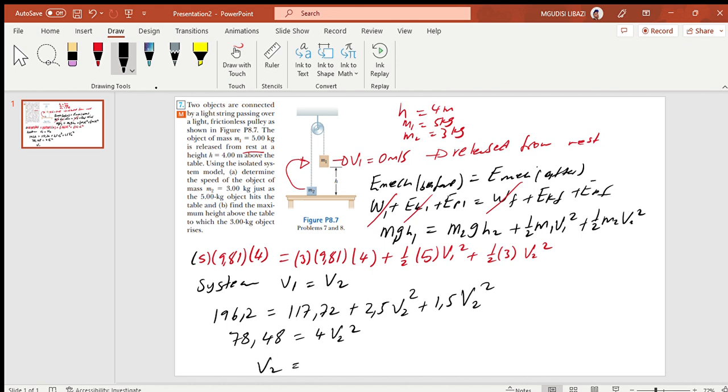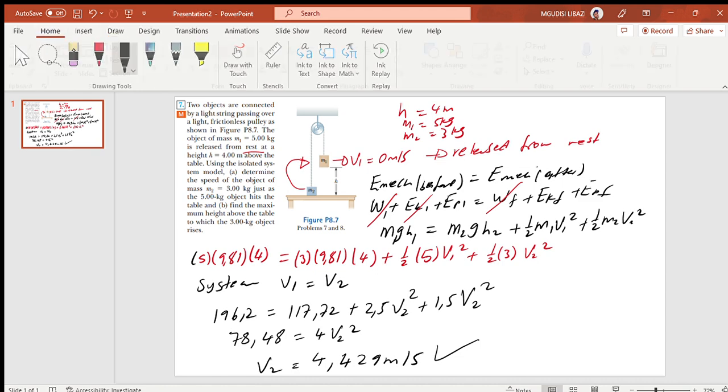Then v2 squared is 78.48 divided by 4, that's 19.62, and taking the square root of that, we get 4.429 meters per second. So that's the velocity of object 2 just when m1 hits the table.